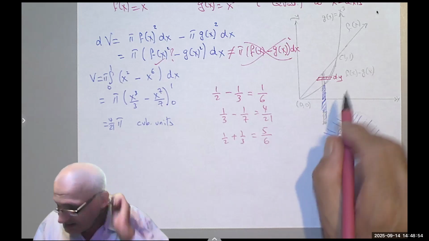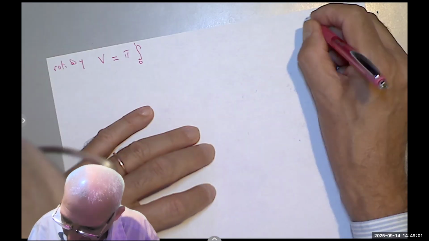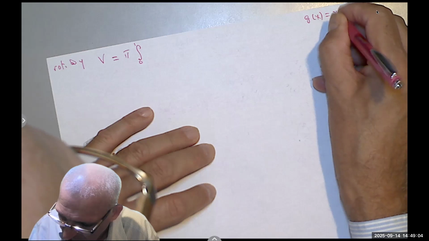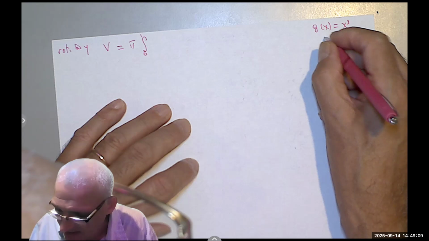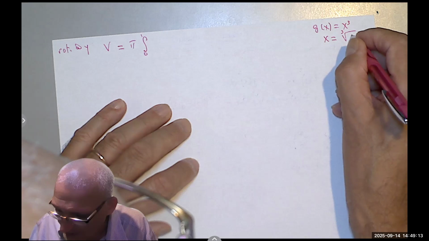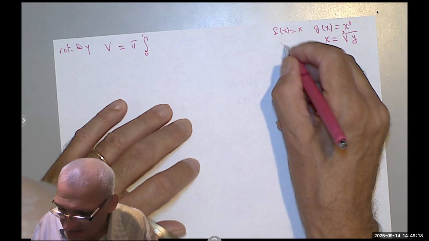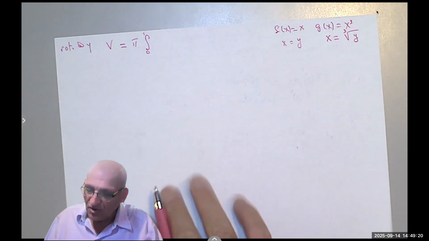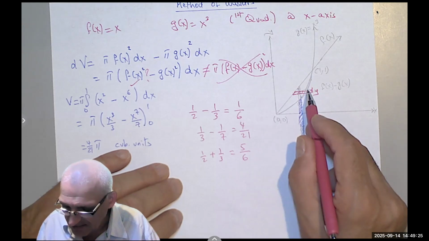I'm going to take g of y, meaning if g of x equals x cubed, I want to find that in terms of y. So I will say x equals the cube root of y. And for f of x equals x, we say x equals y.